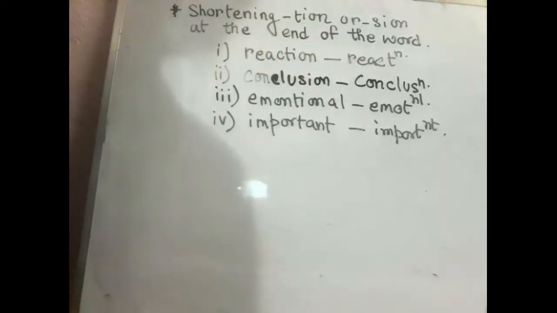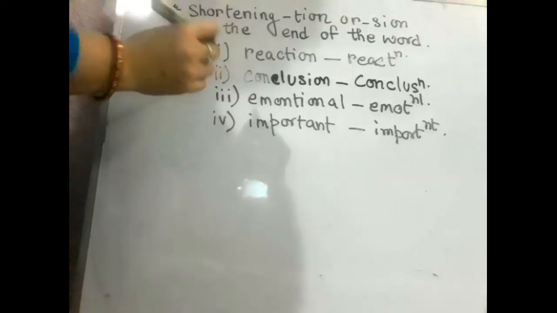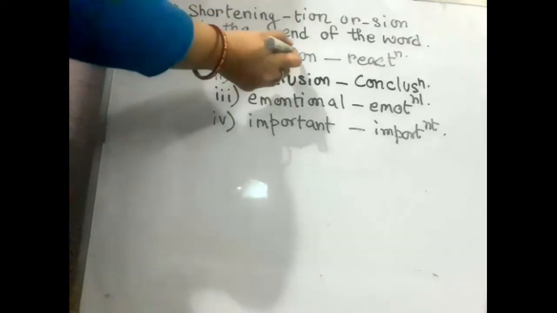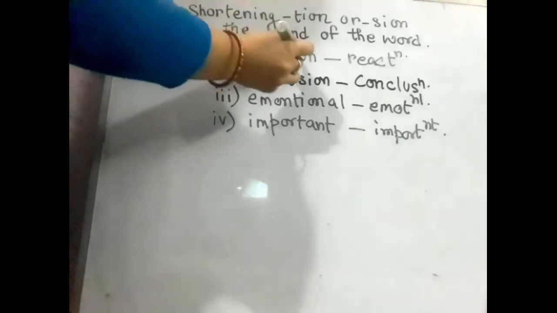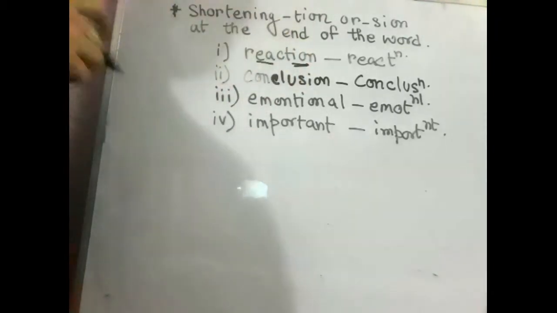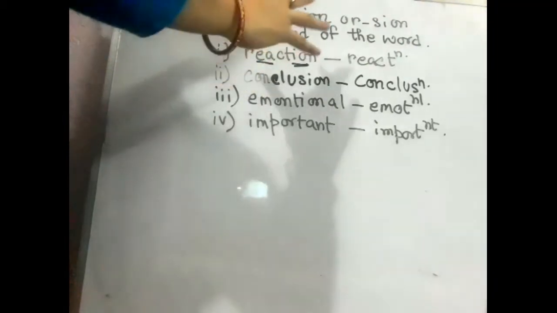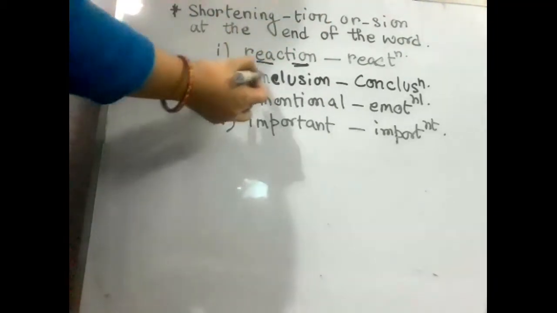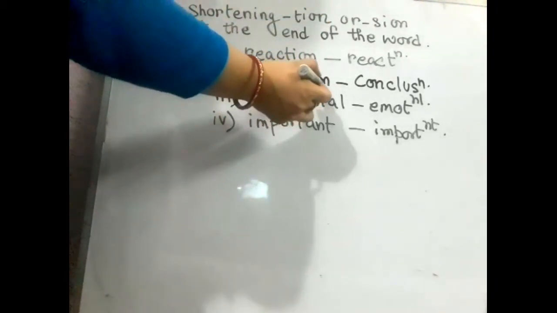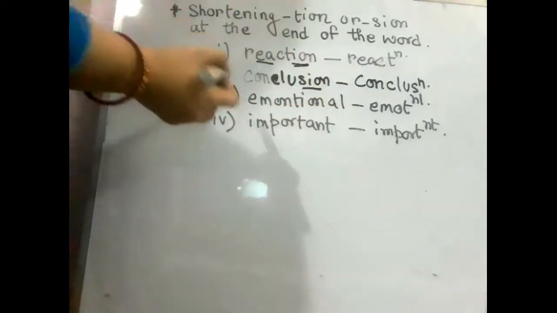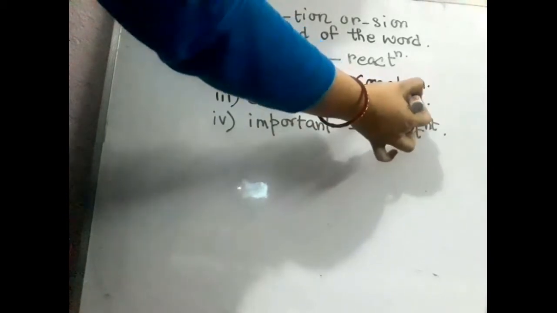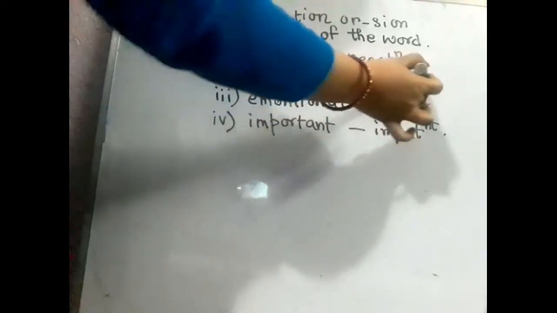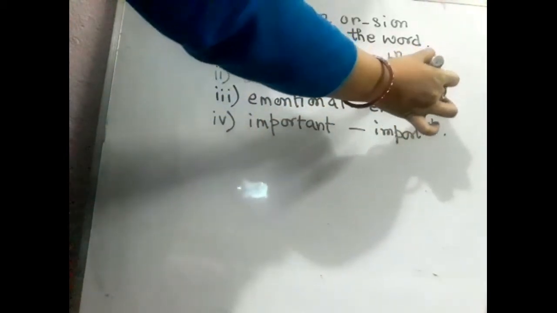Try to omit vowels. Because here you can see vowels are used repeatedly. As I have used EA here, but I will omit IO to make abbreviations. You can omit vowels. Understood? Like conclusion. Here I have omitted IO, and what I have written here is CONCLU, then put S, then omit IO, and just above you write N, then give a full stop.